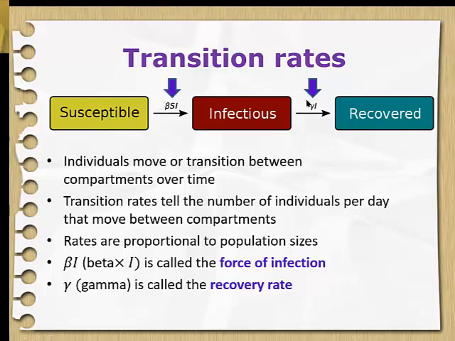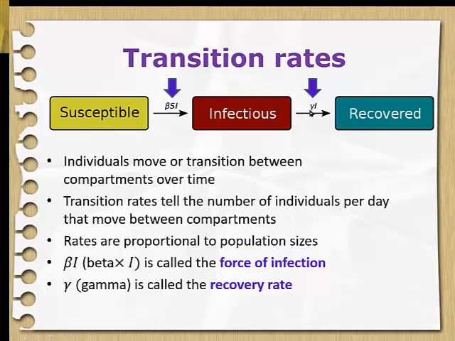These transition rates here and here tell the number of individuals per day that move between compartments. So in other words, if I know S and I and beta, I compute the product of those three, and that will tell me how many susceptibles will become infectious that day. Now S and I are changing, so the number of susceptibles that become infectious on a daily basis changes over time.